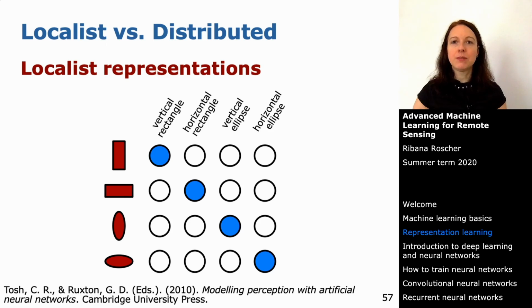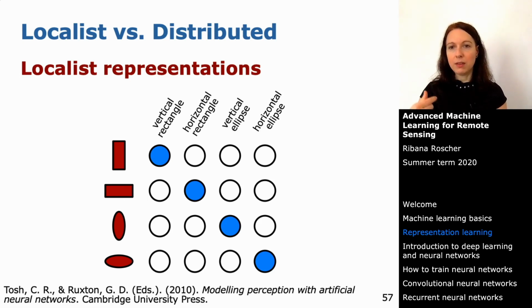So the opposite of a distributed representation is a localist representation. And here's an illustration from a nice book showing what a localist representation is. Imagine you have some geometric shapes. In this case, you have rectangles and ellipses, and they have different orientations.